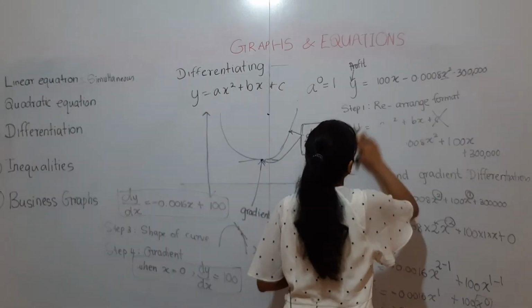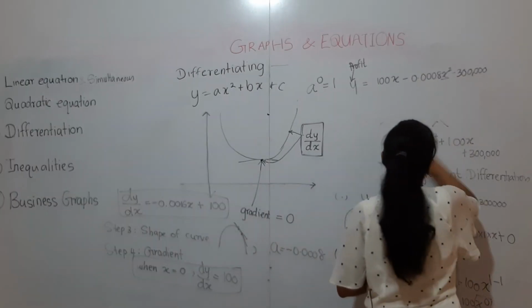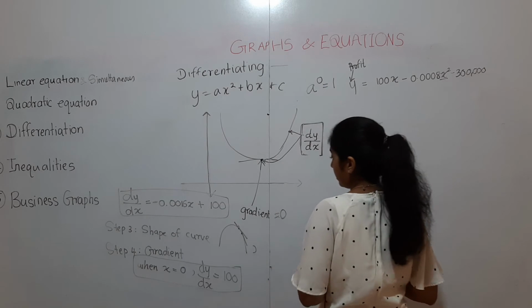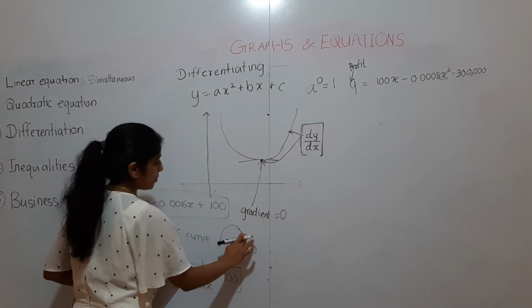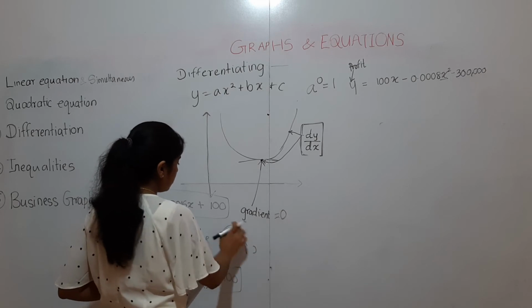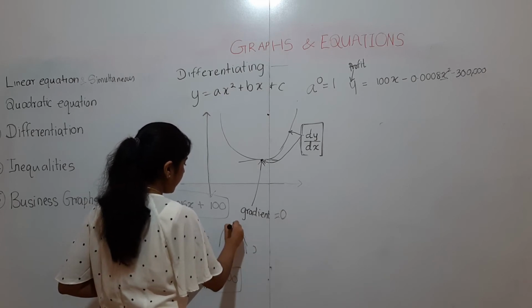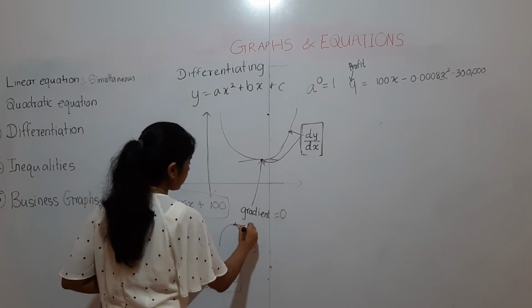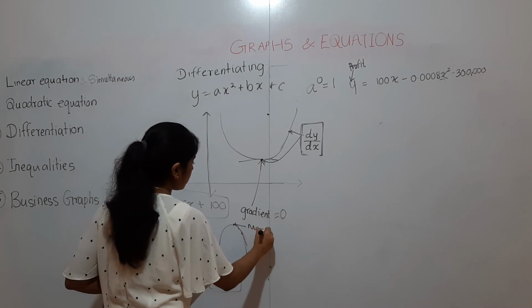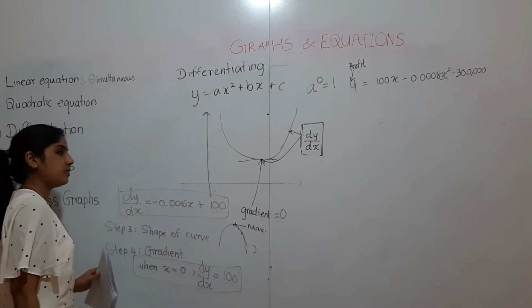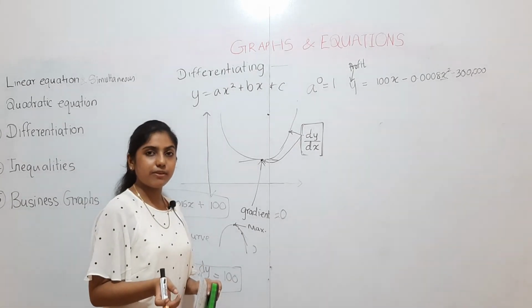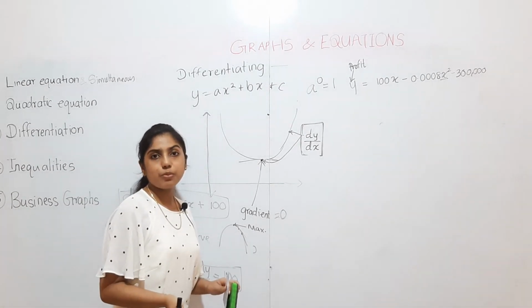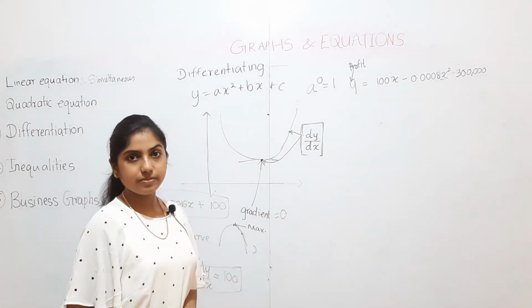For that, let's follow the other steps. At the maximum point, now see, they cleverly asked for the maximum point because this is a bell-shaped one, so definitely there will only be a maximum point. That's why I told you to draw the shape of the curve, so that you can confirm whether you have to find the maximum point or the minimum point.